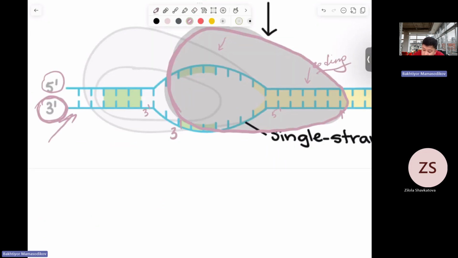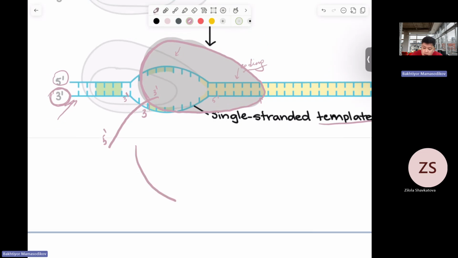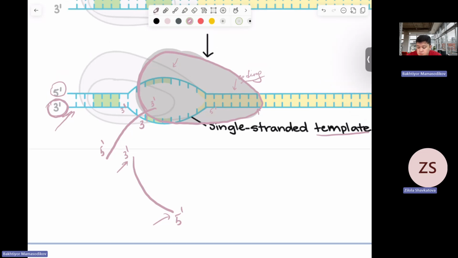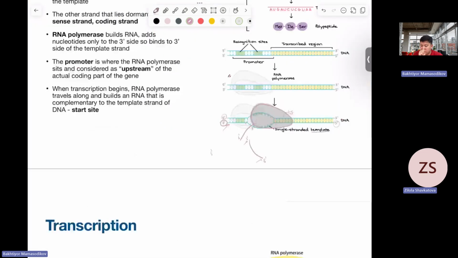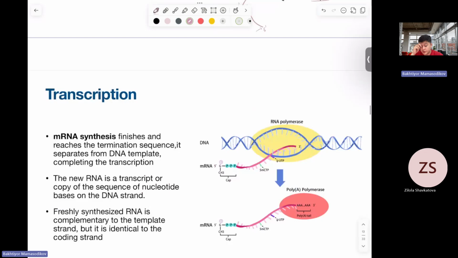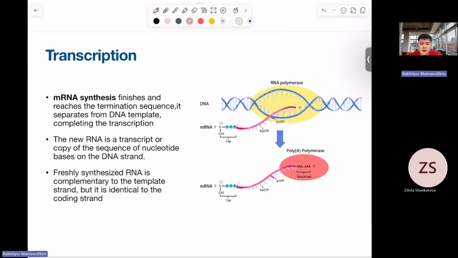If the template strand starts from the 3' and I release the messenger RNA here, this messenger RNA will be synthesized starting with 5', always. And the end of the messenger RNA will be 3'. At the end, you will have this kind of messenger RNA where the start is 5' and the finish is 3'. Good? Understood? Could I explain it to you?